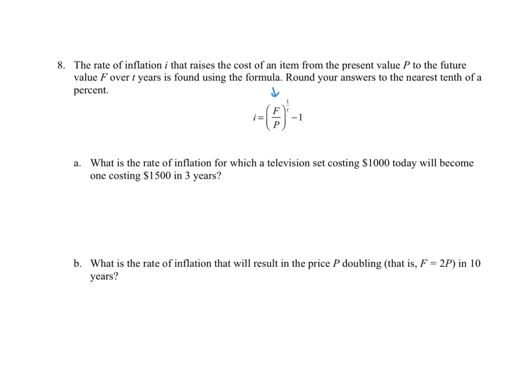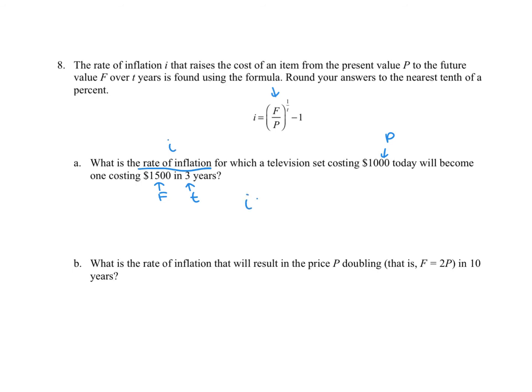What is the rate of inflation for which a television set costing $1,000 today will become one costing $1,500 in 3 years? Well, the $1,000 is going to be the present value, P. The future value, F, is going to be 1,500, and 3 is T. And what we're finding, the rate of inflation, is I.